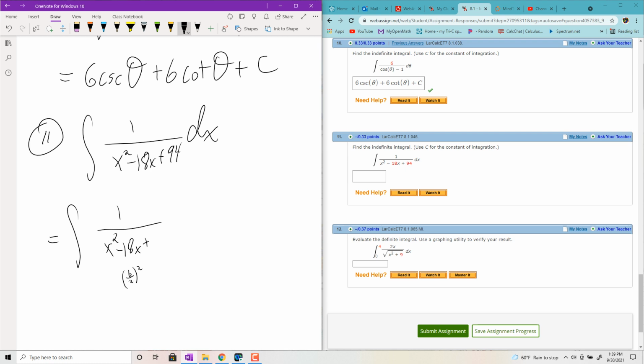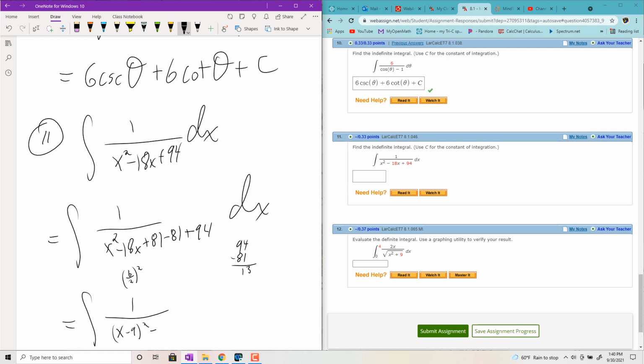That'll be 81. So plus 81, immediately subtract 81, and then plus 94 dx. So it's going to be the integral of 1 all over, now factor, x minus 9 squared, and then sorry, I can't subtract apparently today.